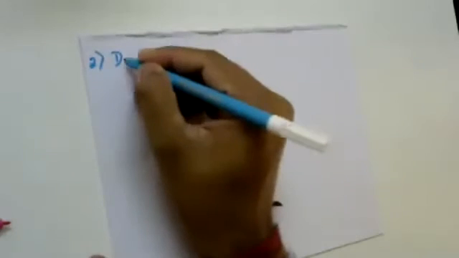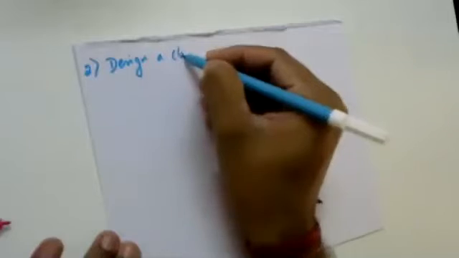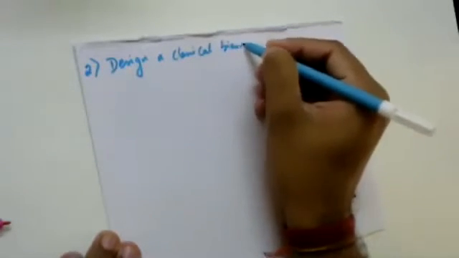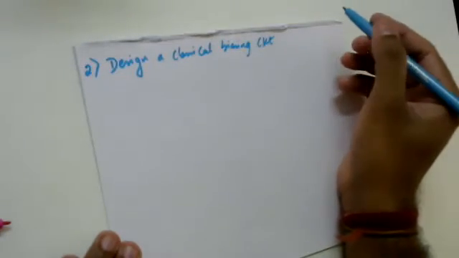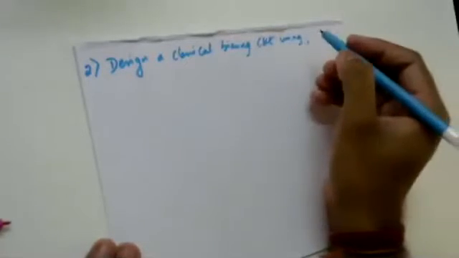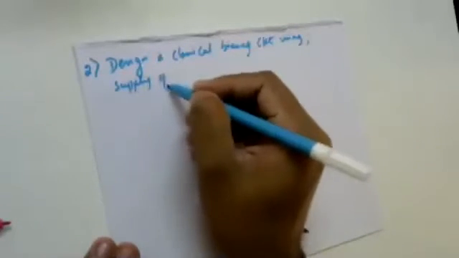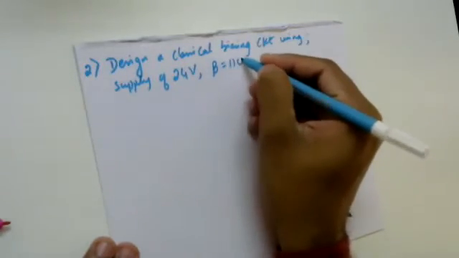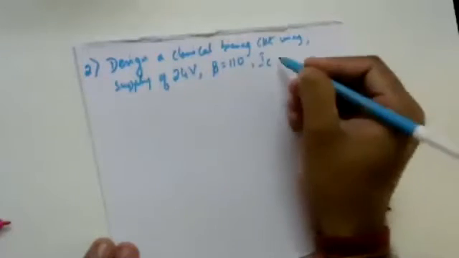Design a classical biasing circuit using a supply of 24 volts. He has given some data: the beta value is 110 and IC is 4 milliamps.